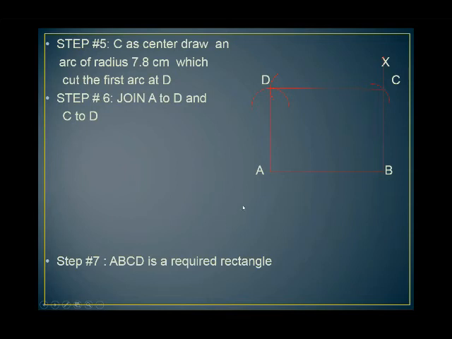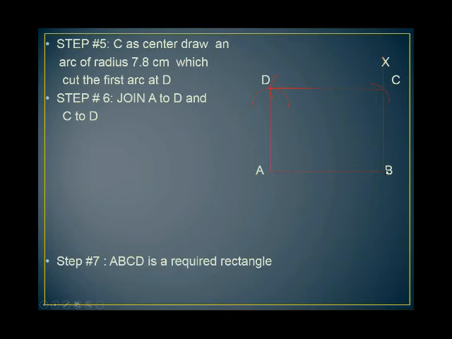Okay, so I repeat the steps. First we draw the baseline AB, then I draw a perpendicular with the help of a protractor at point B, that is of 90 degrees. Then taking A as a center, we draw an arc with the radius of the diagonal.